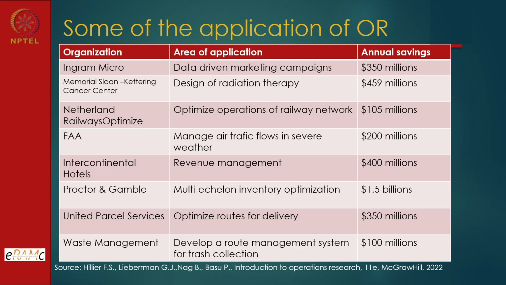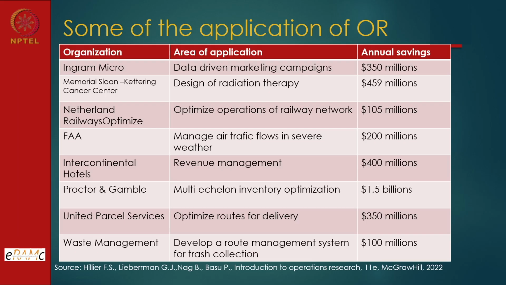Then the second example is a cancer center, design of radiation therapy, and 459 million was their annual saving when they had OR operating at their center. Netherlands Railways optimized operation of the railway network, 105 million, and it is for you to read all these things.